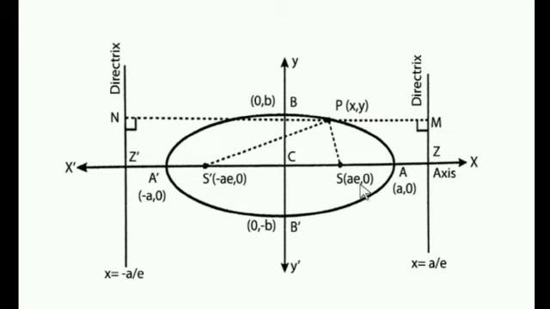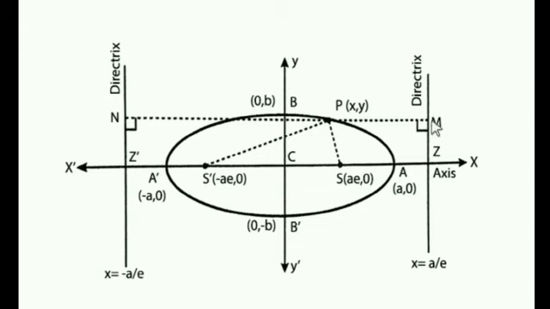Look at another diagram. This is an ellipse. This is the center C. These are the foci S and S dash. And this perpendicular line is called the directrix. How will you draw the directrix? A is the vertex, and the directrix is drawn at the point related to the focus.